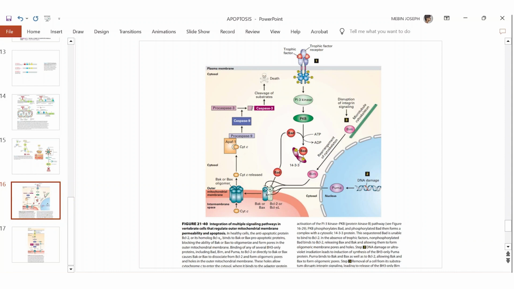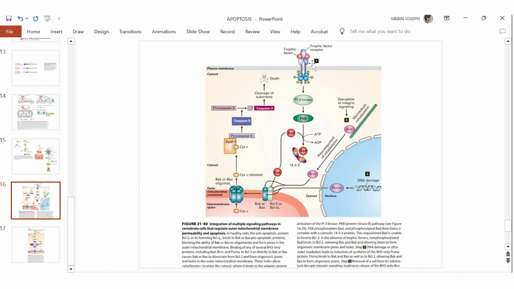So anti-apoptotic protein will always bind with our pro-apoptotic protein, not letting them oligomerize. If they don't oligomerize, our cytochrome C will not escape from the mitochondrial intermembrane space, it will not be able to bind with APAF1, and the caspases will not be activated. So when the growth factors are present, apoptosis never takes place.